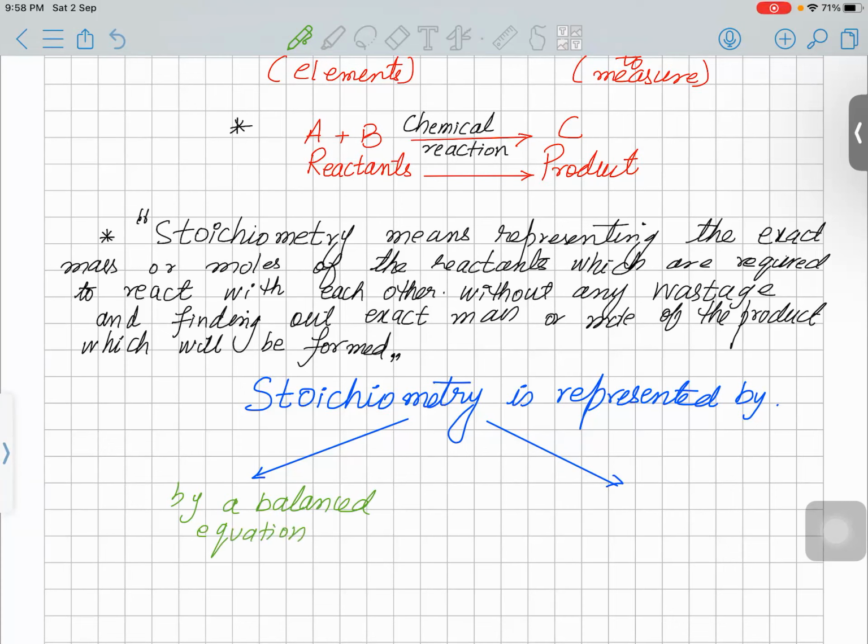Number two, in which the coefficients represent, I will explain later, right?